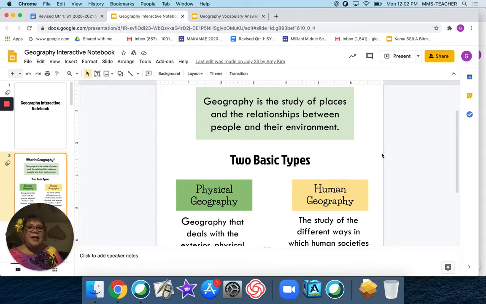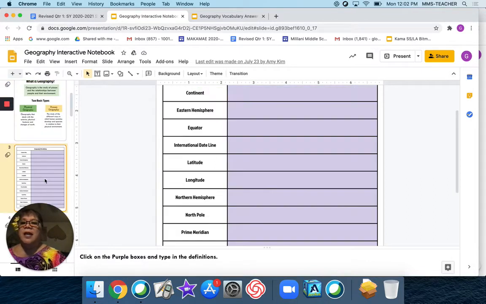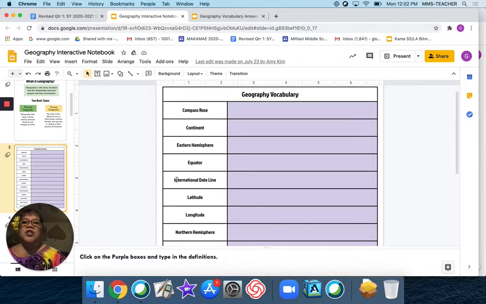Okay, now in your Geography Interactive Notebook, that's your electronic version, you will next have the Geography Vocabulary. I am going to go over the different geography vocabulary terms.